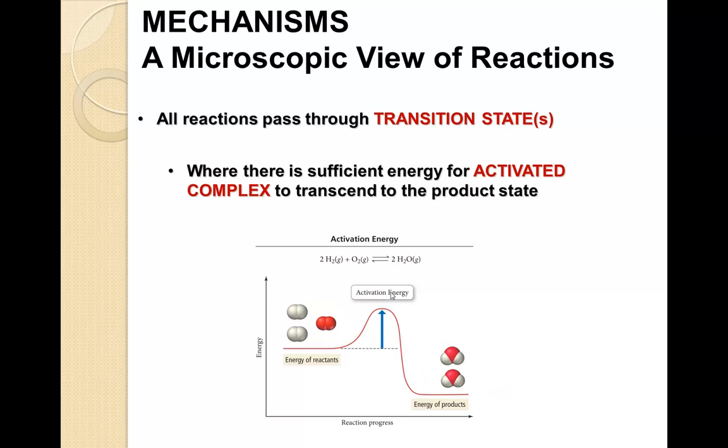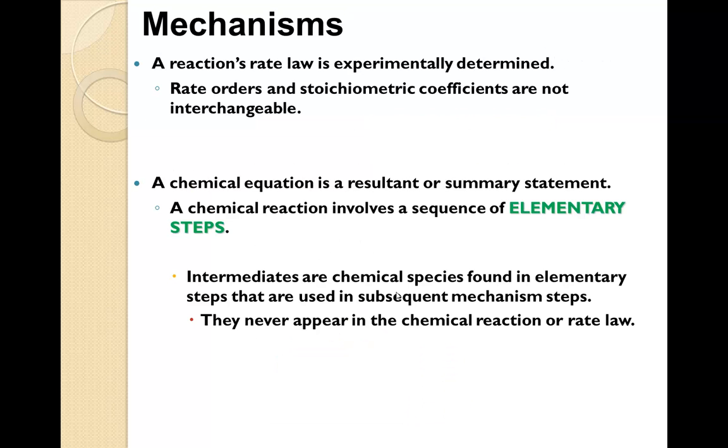All reactants pass through a transition state where there is sufficient energy for the activated complex to transcend to the product state. A reaction's rate law is experimentally determined. Rate orders and stoichiometric coefficients are not interchangeable.